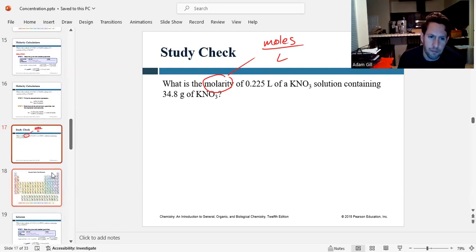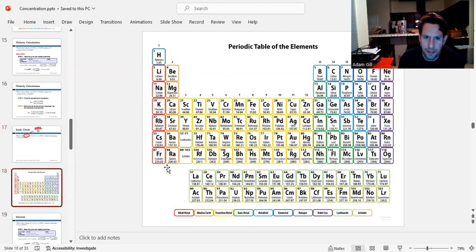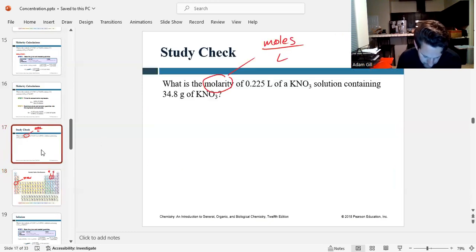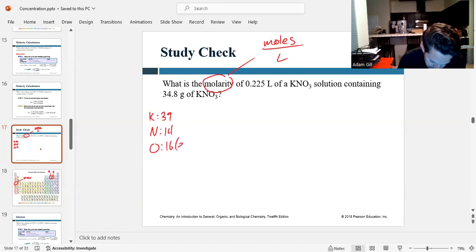So back to the periodic table. Looks like K, we'll call that 39 grams per mole. Nitrogen is 14 and oxygen is 16. So K is 39, N is 14, oxygen is 16, but there's 3 oxygens.